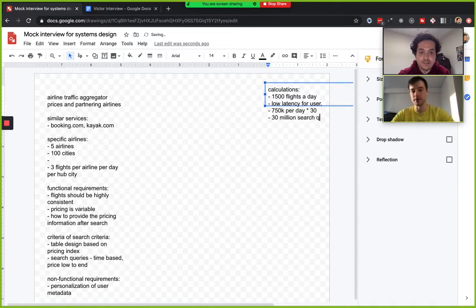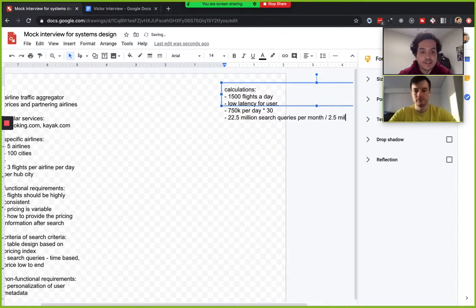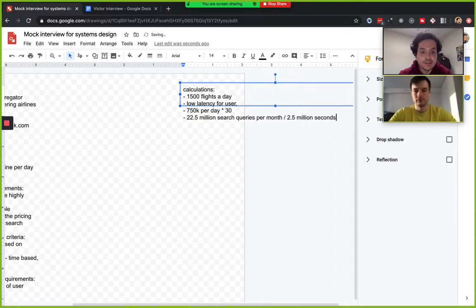Based on this rough calculation, we have 222.5 million search queries per month, and then there are basically 2.5 million seconds in a month.